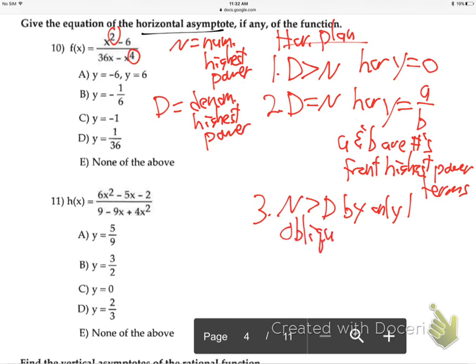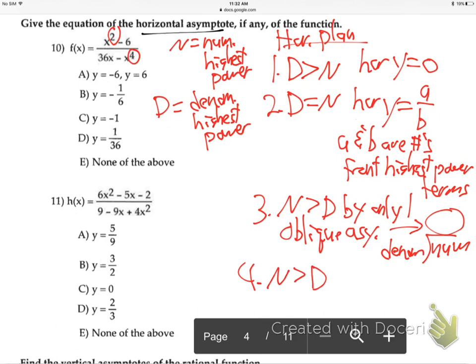That's the oblique case. Oblique asymptote. And you long divide the denom into the numerator, and up there you get the equation. And finally, number 4, if the numerator is bigger than the denominator by 2 or more, there's no horizontal asymptote. So there's the 4 cases. You want to just have that right in your 3x5 card, and these questions will be free points, basically, if you have that, I think.